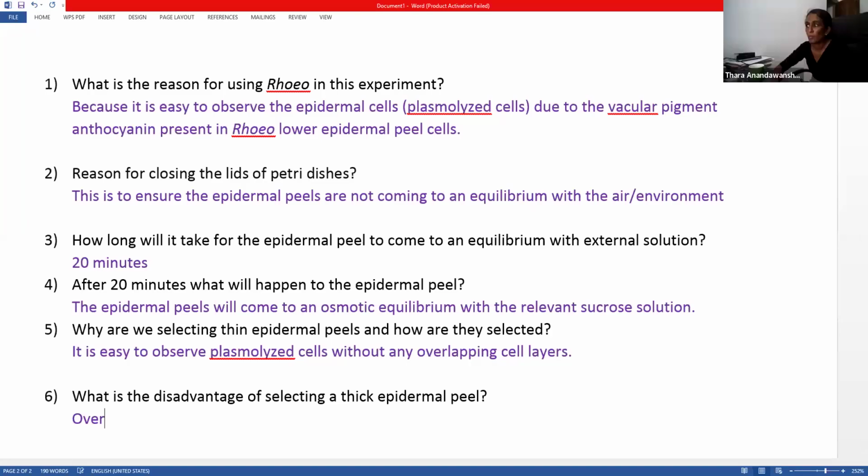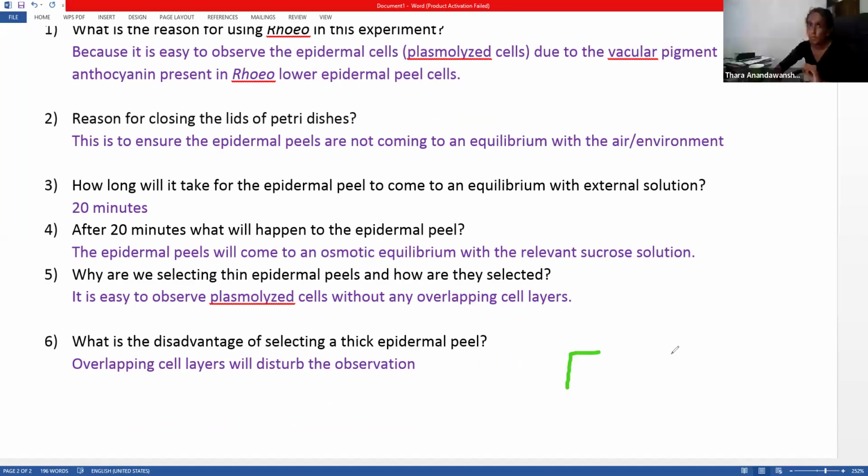Now, what you're going to do here is you will be taking the epidermal peel from one sucrose solution, and you are going to take a clean glass slide and place something in the middle. Can anyone tell me what we are going to put in the middle here?